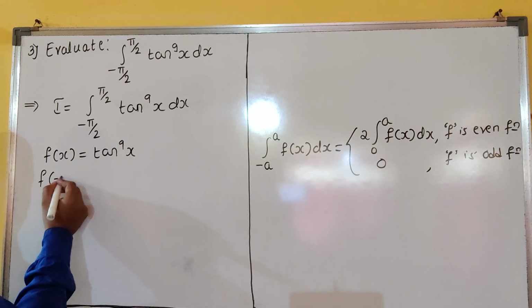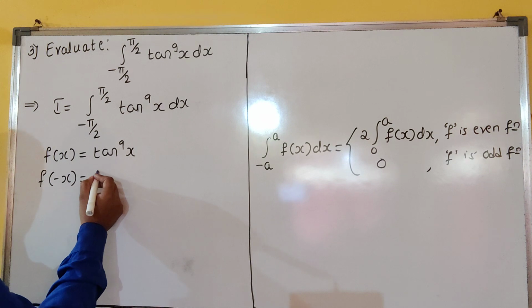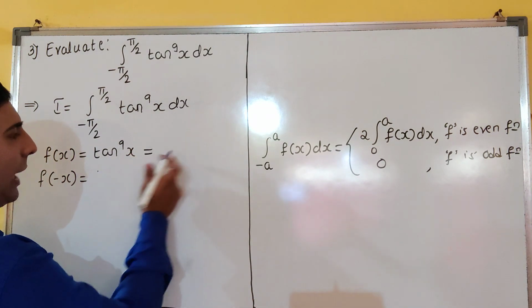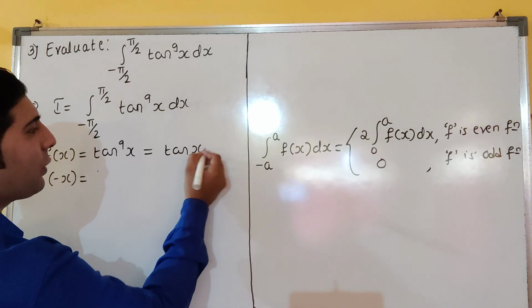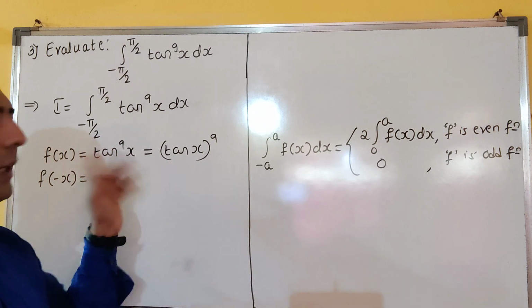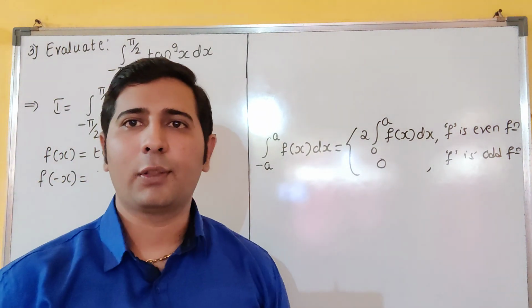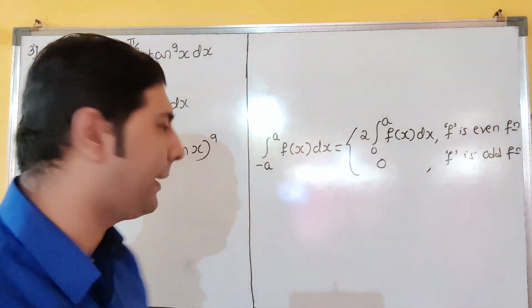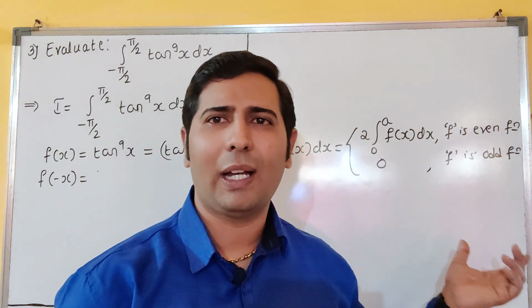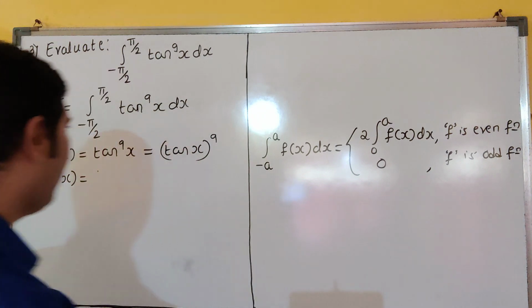f of minus x will become what now? Tan x raised to 9 I can write. Will you agree? If you take 9 inside, tan raised to 9x only it is. So I will replace x by minus x, because we have to check whether it is an even or odd function. Just now we have solved again and again, it's quite boring for you people.